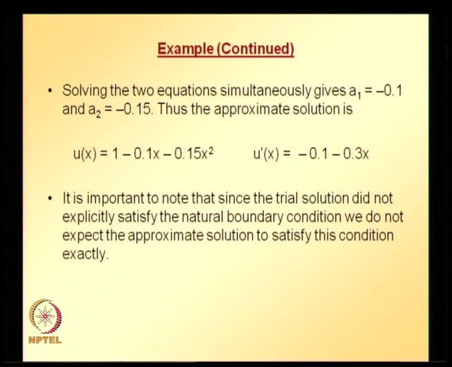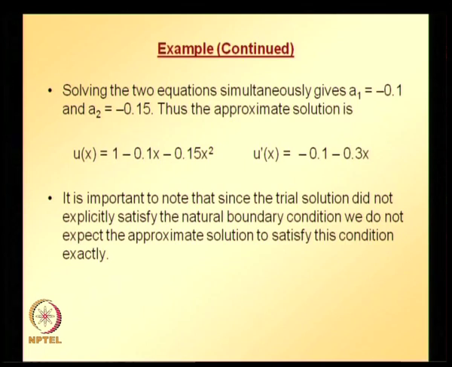So it is important to note that we do not expect the approximate solution to satisfy this condition exactly. There will be some error in the derivative quantity. That is what we observed even in the previous example: our u value matches the exact solution very accurately, whereas for the derivative of u you have some error.